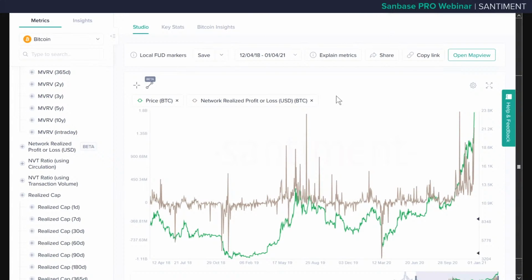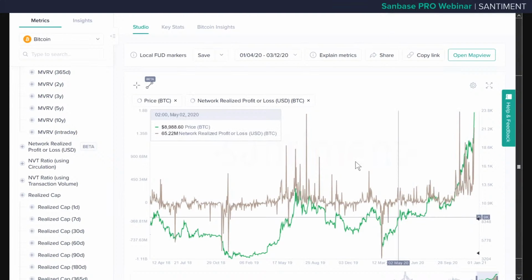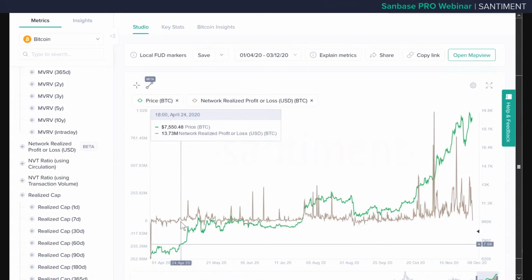So these major dips in network profit loss point to wholesale holder capitulation, point to market-wide efforts to exit a particular coin, even sell at a loss, which usually tends to point to undervalued conditions for a particular coin, right? Especially if you believe in its long-term potential, and tend to mark local bottoms. So I'm going to zoom in now a little bit just so you can see it on a more granular scale here.